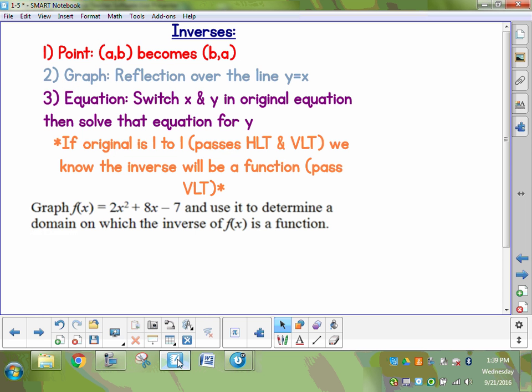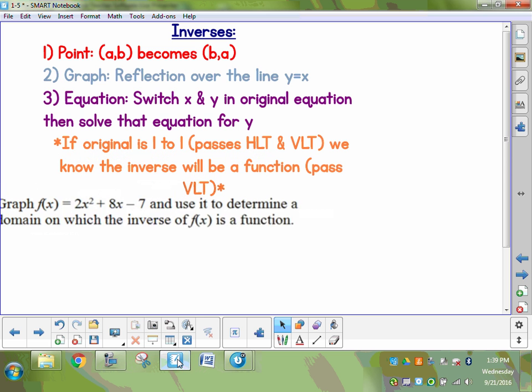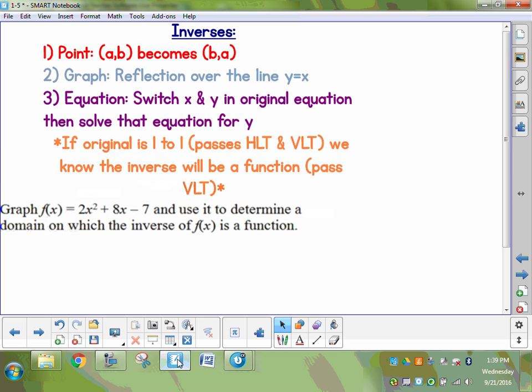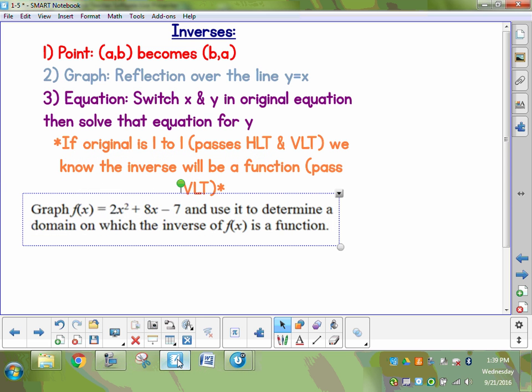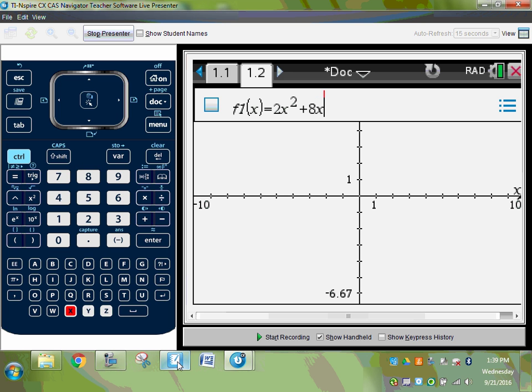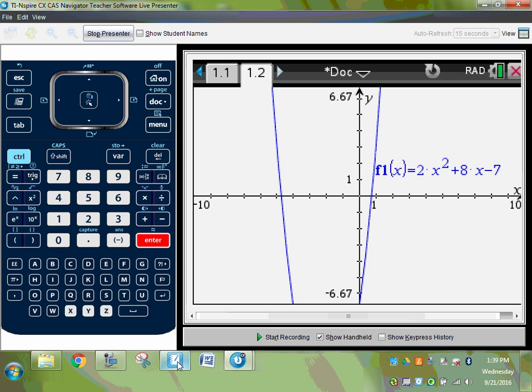So go in right now, please, and let's graph out this particular f of x: 2x squared plus 8x minus 7. Once that's in your calculator and you successfully input that, you're going to hit enter, and it's going to graph.